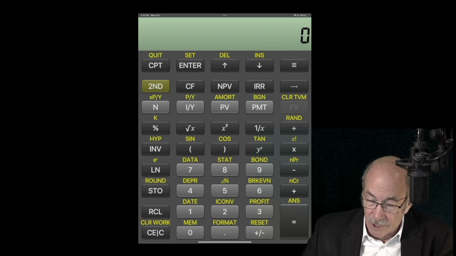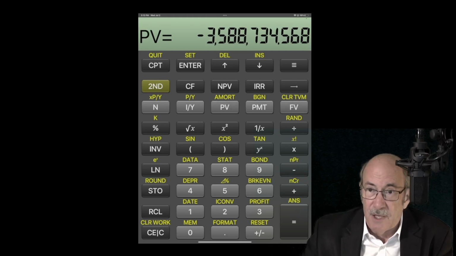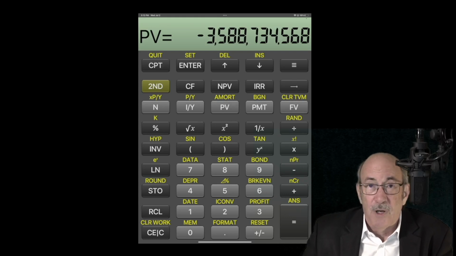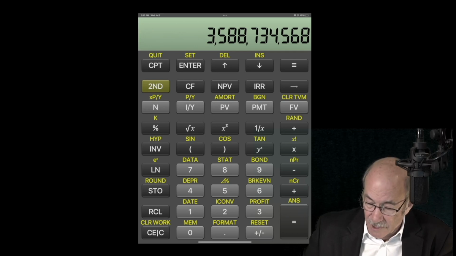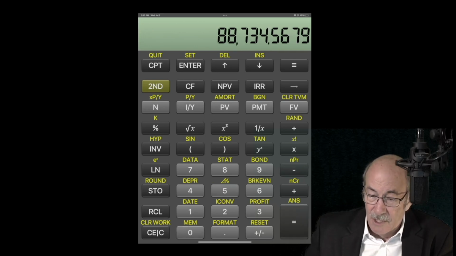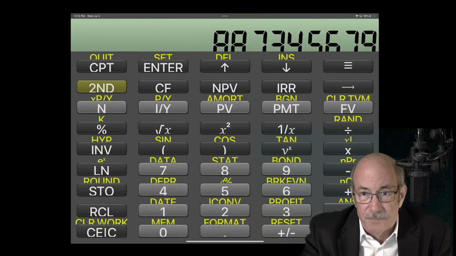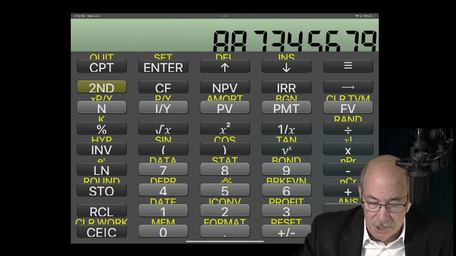And I'm going to zero out the future value just to make sure it's clear. Compute my present value, and I get $3.588734 million. We subtract off our 3.5 million cost, and that gives us $88,734. So that's how you would do it on the calculator.